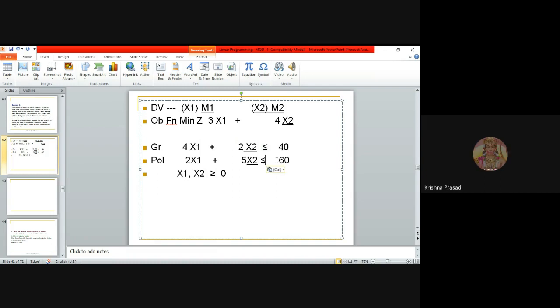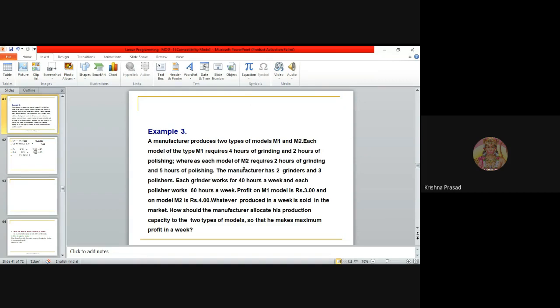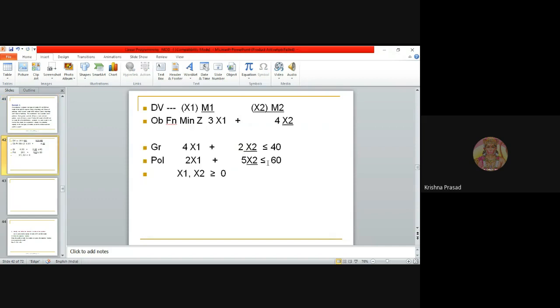But one small trick in this problem is what they have given. See here, please read. The manufacturer has 2 grinders and 3 polishers. So how many grinders are there here? 2 grinders, 40 into 2 and 60 into 3.